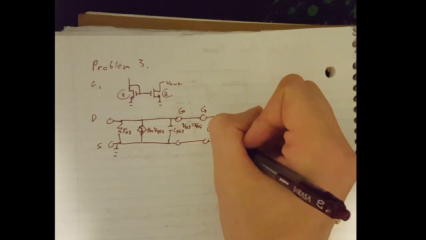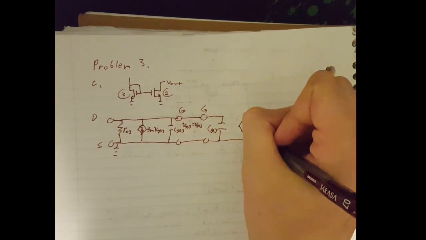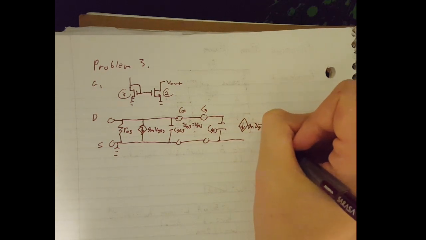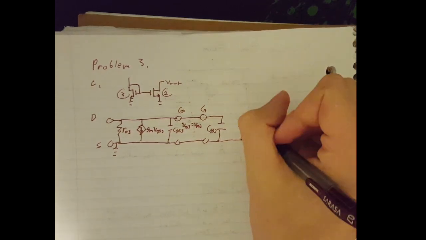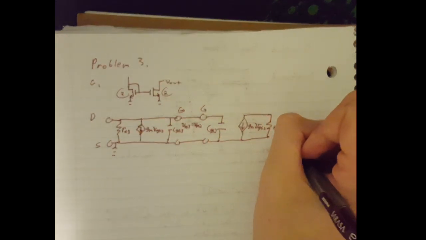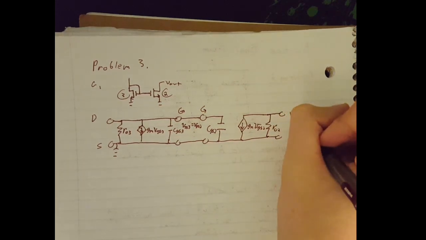So this is CGS2, and then we get our gm VGS2 here, and we get our R out 2 over here. This is V out right here.